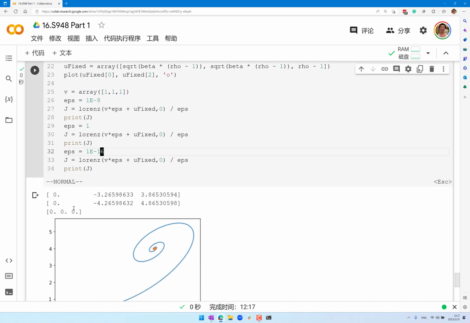So we can see the truncation error becomes significant when epsilon is equal to 1, and round-off error becomes significant when epsilon is too small. So let's take a look at how this round-off error versus truncation error actually works.